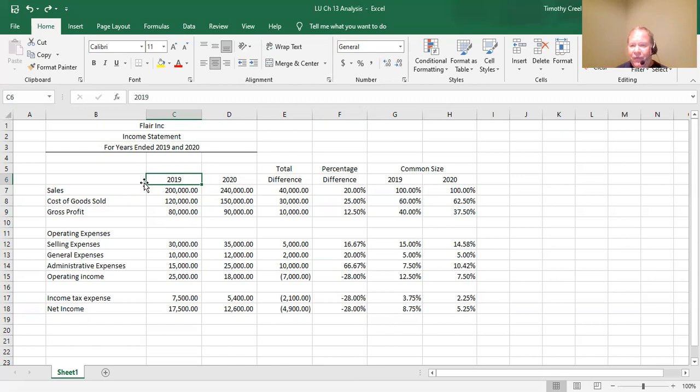Positive trends would be in our favor, increasing income. Negative trends would be not in our favor and decreasing income, like expenses rising faster than sales, or expenses continuing to rise that should be more static or not increasing as fast as they are. These would be the kind of things we would look at.